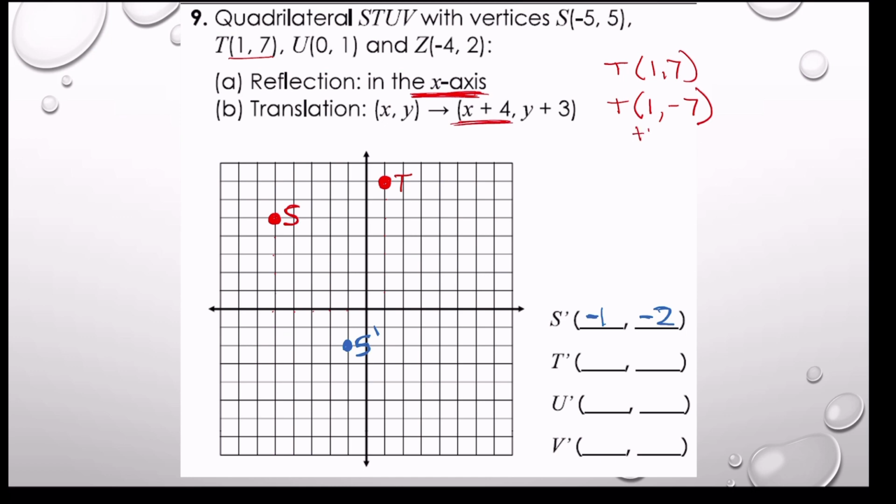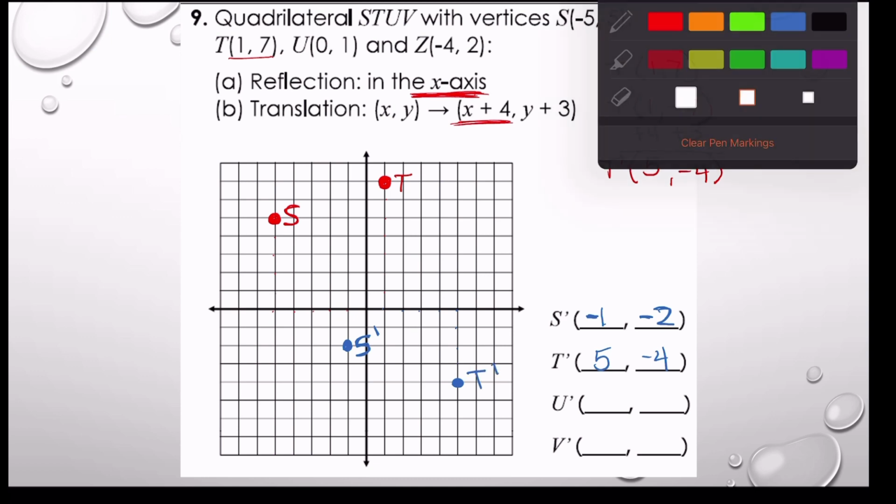But then I have to add 4 to my x and add 3 to my y. So I end up with t prime being 5, -4. Does everyone see how I'm getting this? So let's go plot this. 1, 2, 3, 4, 5. 1, 2, 3, 4. Okay, this is my t prime.